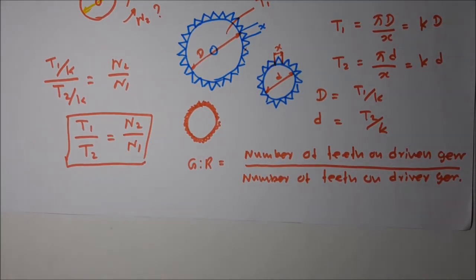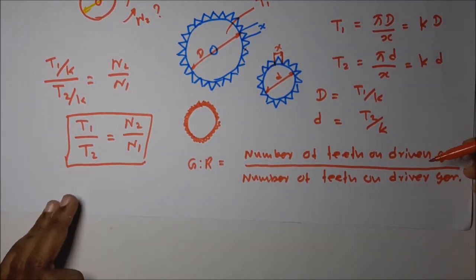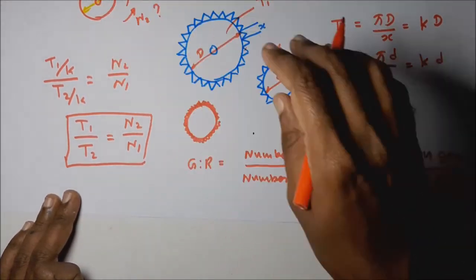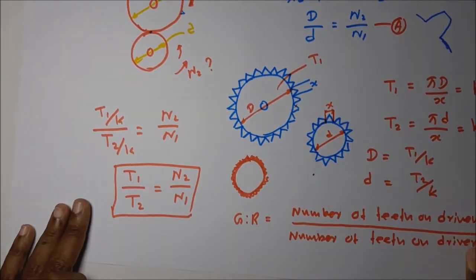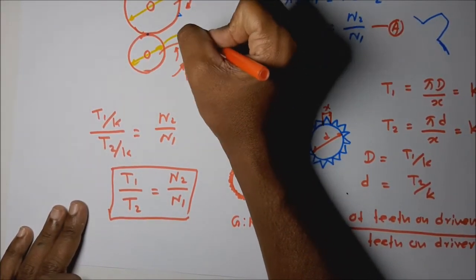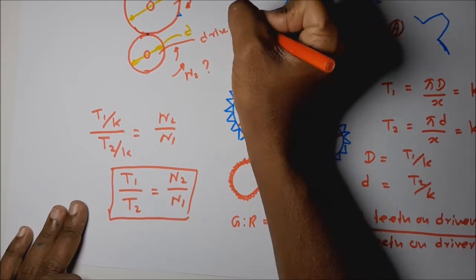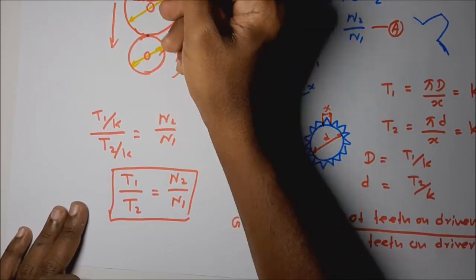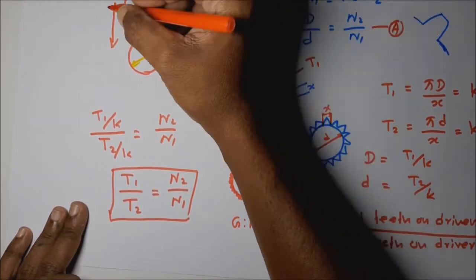Here, what is the driver? Driver means the driving gear wheel. The power is transmitted. For example, if this is the driver, this is driven. This is driven because of this driver. Then the power is transmitted from driver to driven.